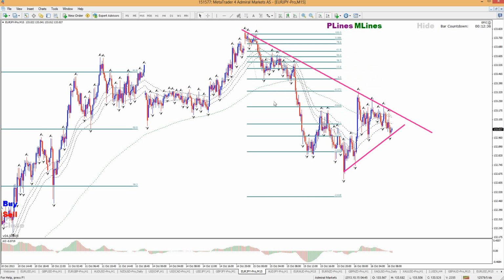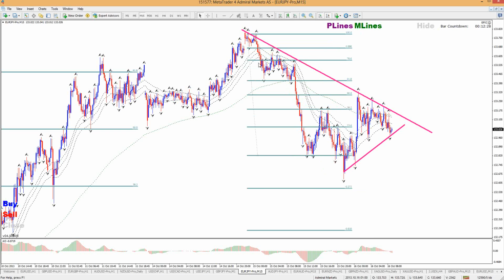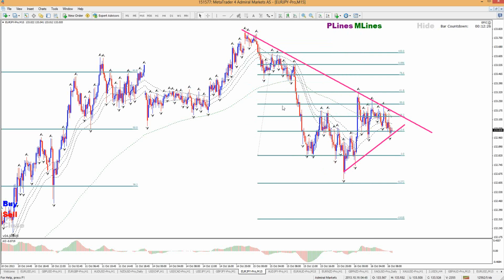We had, let's put fibs on this downside. We had a 50 here, went to minus 1618. 382 here, went to the minus 272 target.